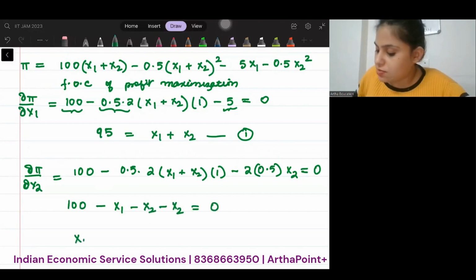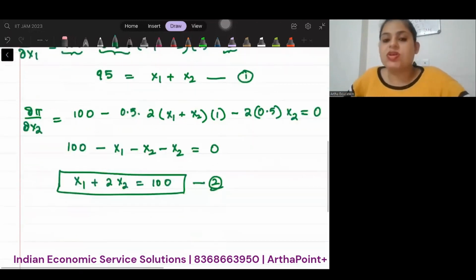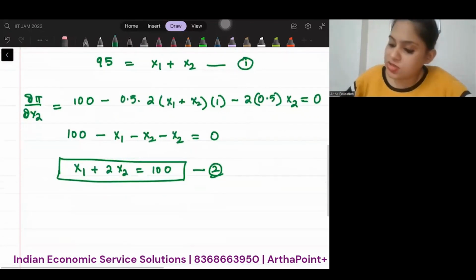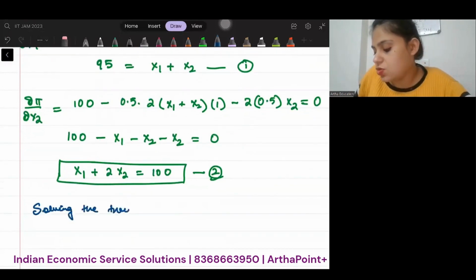So x1 plus 2x2 will be 100. This is your equation 2. You have two equations. You can go ahead and solve the two equations simultaneously.